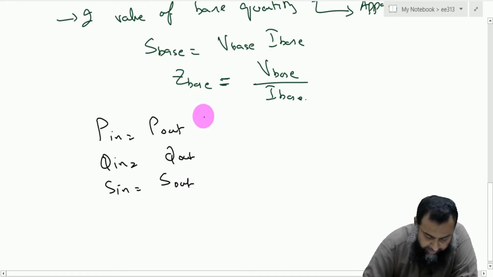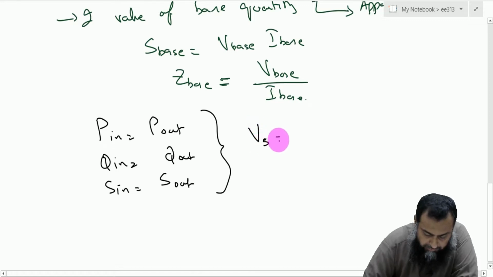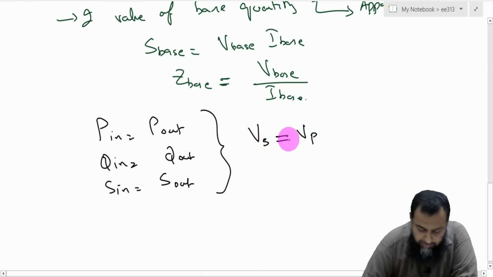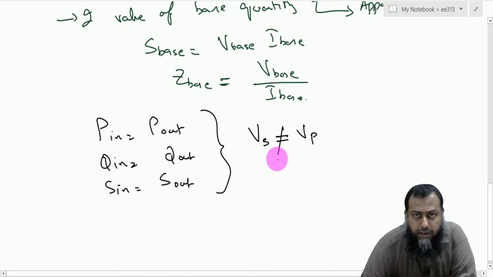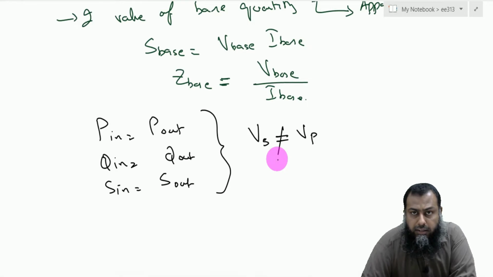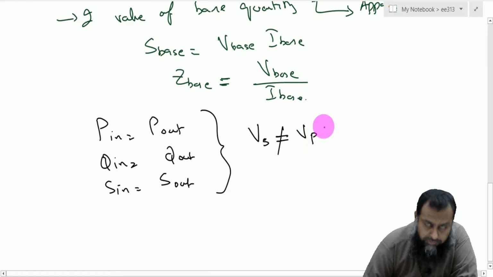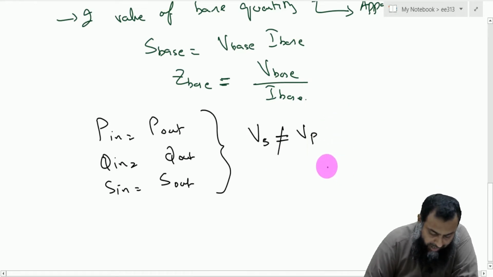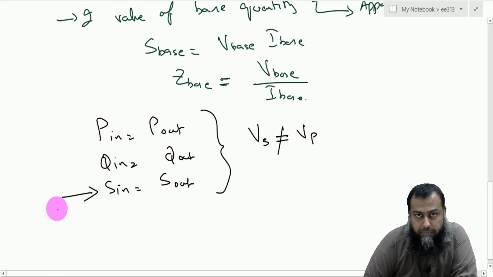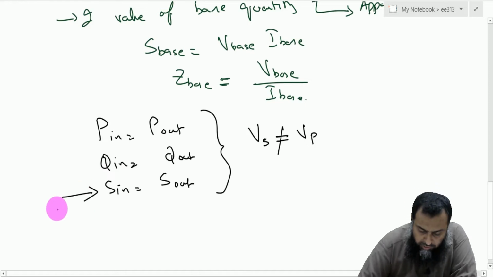However, V secondary and V primary may not be equal, because if it is a step up transformer, then the secondary voltage is greater than the primary voltage, and if it is a step down transformer, then the primary voltage is more than the secondary voltage. So in the per unit system, the power will remain the same for anything connected on the primary side as well as on the secondary side.